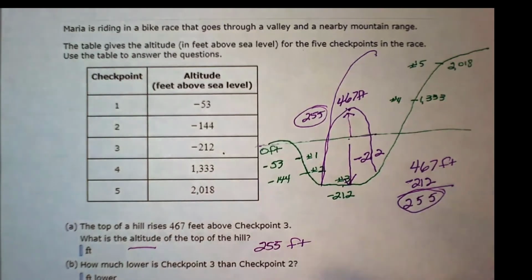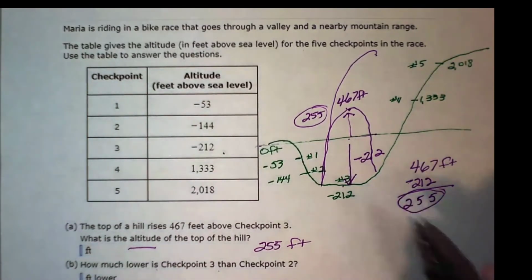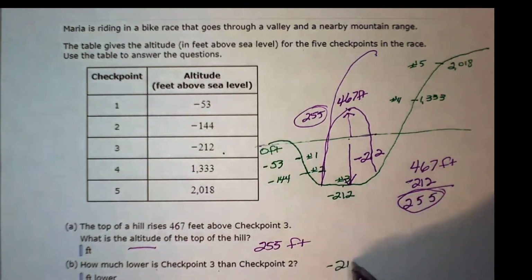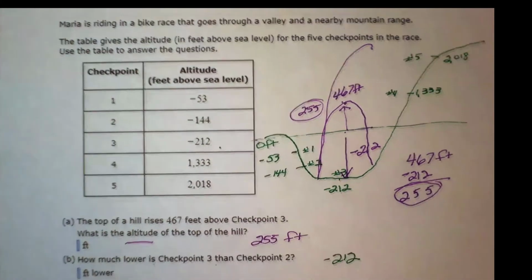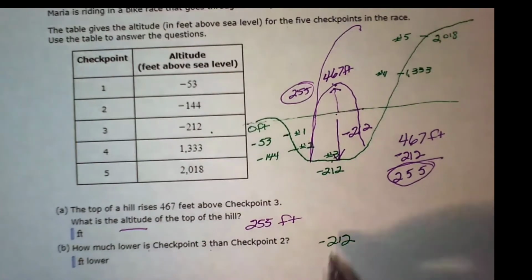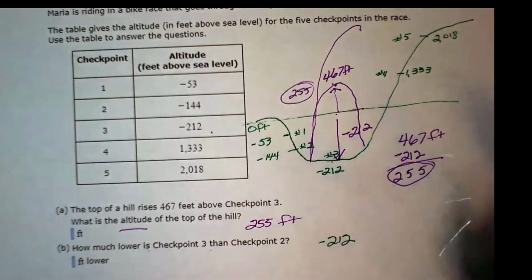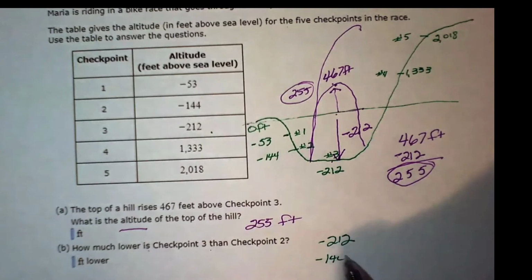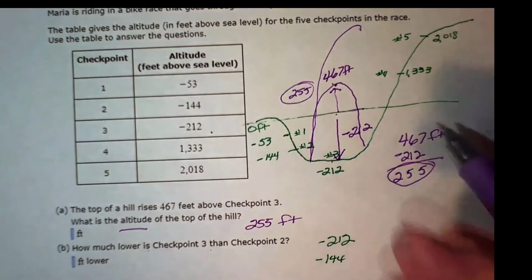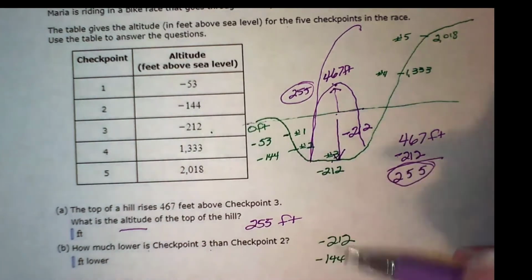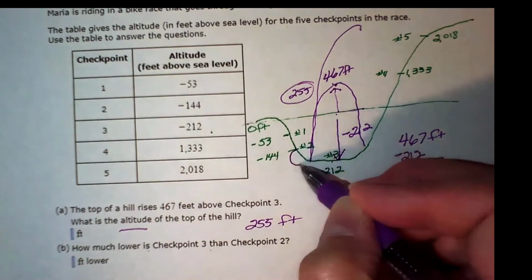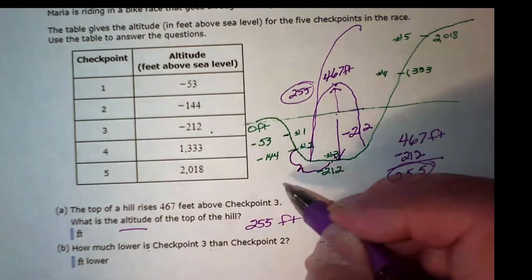Hope that makes sense. Then it says, how much lower is checkpoint 3 than checkpoint 2? Checkpoint 3 was at negative 212, and checkpoint 2 was at negative 144. So it's asking, what is the difference between here and here?